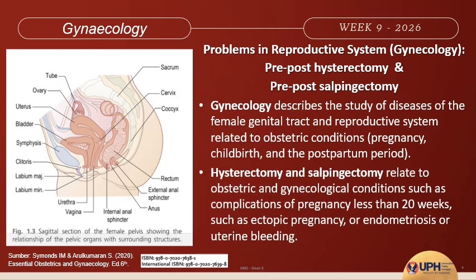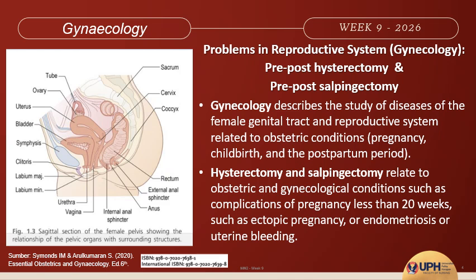Hysterectomy and salpingectomy are among the many problems we have in obstetric and gynecological conditions, which can become complications in pregnancy less than 20 weeks, such as ectopic pregnancy, endometriosis, or even uterine bleeding.